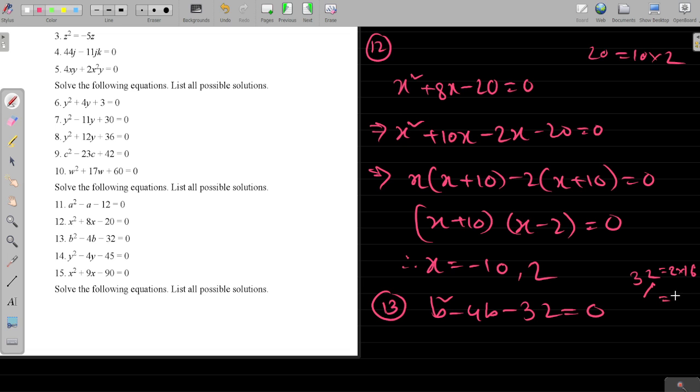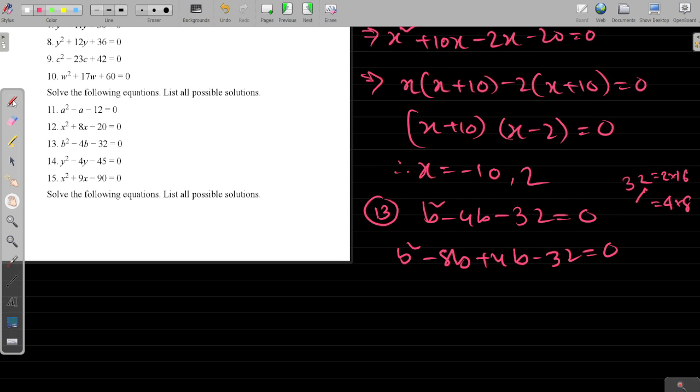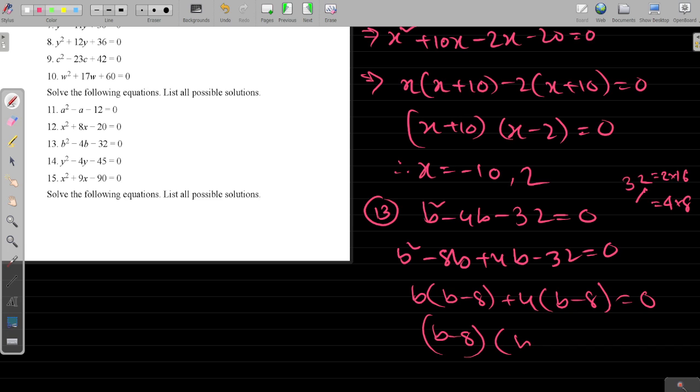Then 4 multiplied by 8, yes. So b square minus 8b plus 4b minus 32 equals 0. Now if I take b common, so b minus 8. If I take 4 common, then b minus 8 equals 0. So b minus 8 here, and here you will find b plus 4 equals 0. So our answer will be b equals 8 and b equals minus 4.